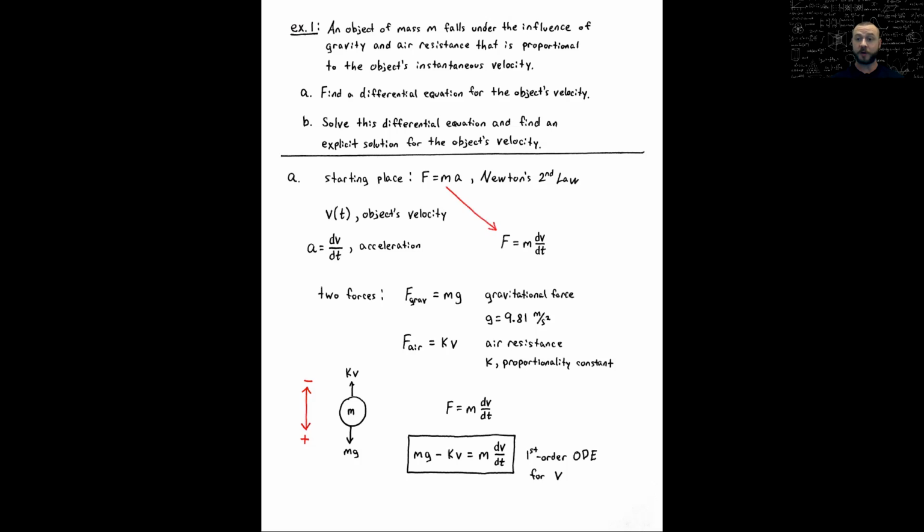All we're going to do from here is replace the two forces into the left side of Newton's second law. mg, the weight, is acting in the positive direction. Air resistance is now acting in the negative direction. What we get here is a first order differential equation for the velocity.